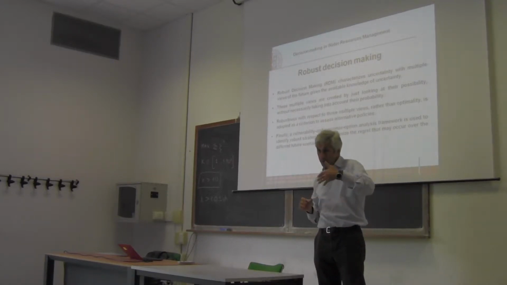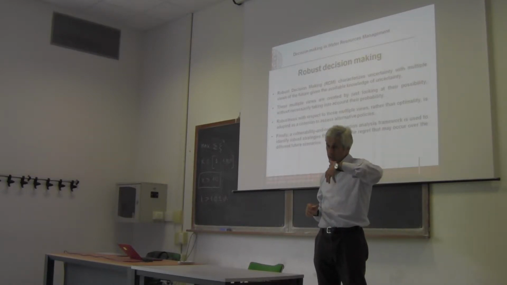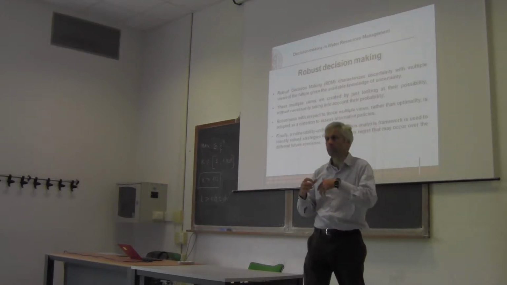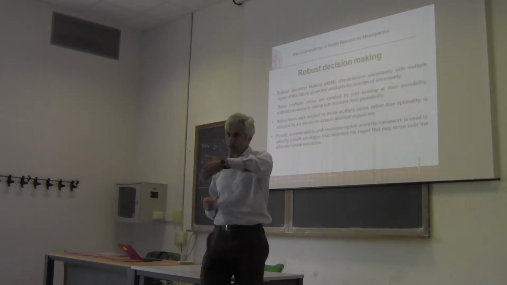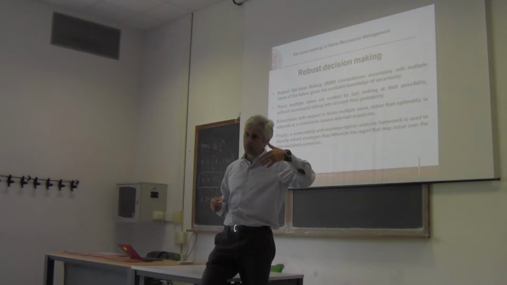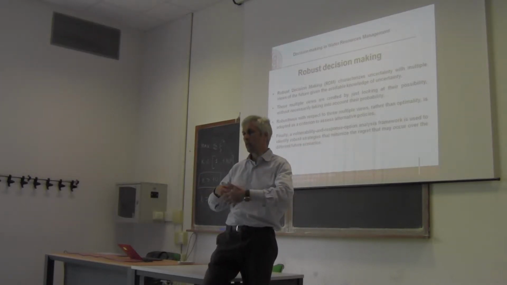And then, in evaluating these alternatives, you will have several scenarios. If I take decision A, maybe build a dam, what happens with respect to these multiple futures? If I decide, instead of building a dam, to change the irrigation techniques, what happens with these multiple futures?